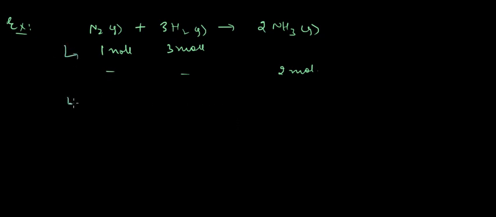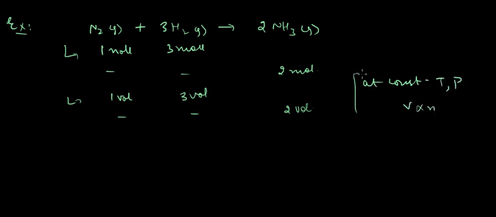In other terms, we can say that 1 volume and 3 volumes are consumed to form 2 volumes of NH3 at constant temperature and pressure, as V is directly proportional to n.